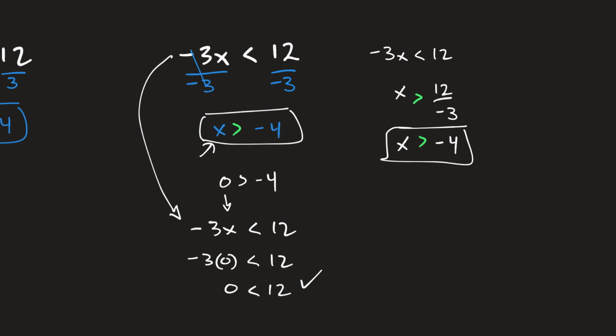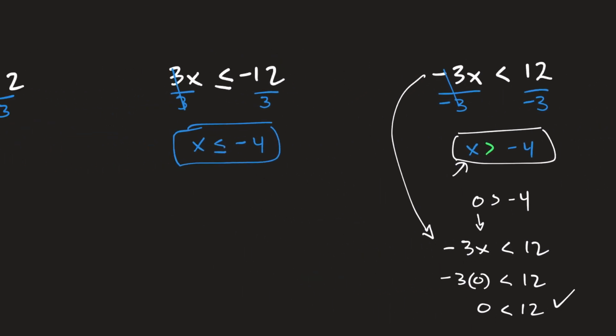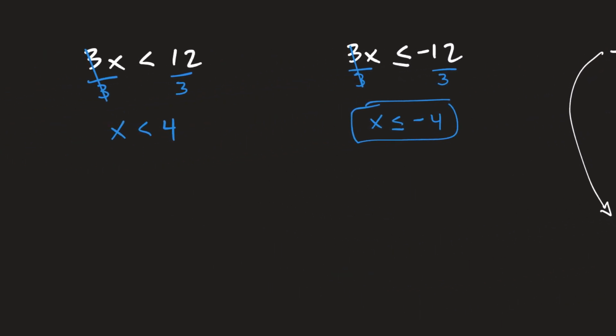And notice, this is a big deal right here. When you are dividing by a positive, you don't have to switch the inequality. Here, I divided by a positive 3. Here, I had a negative 12, but I still divided by a positive 3, and I did not switch the direction of the inequality.